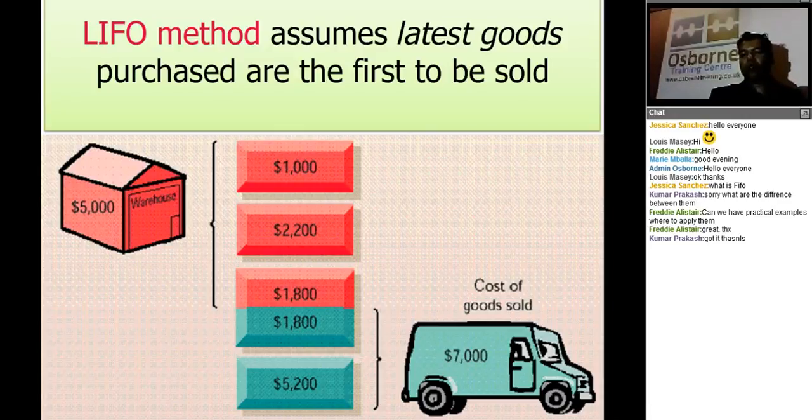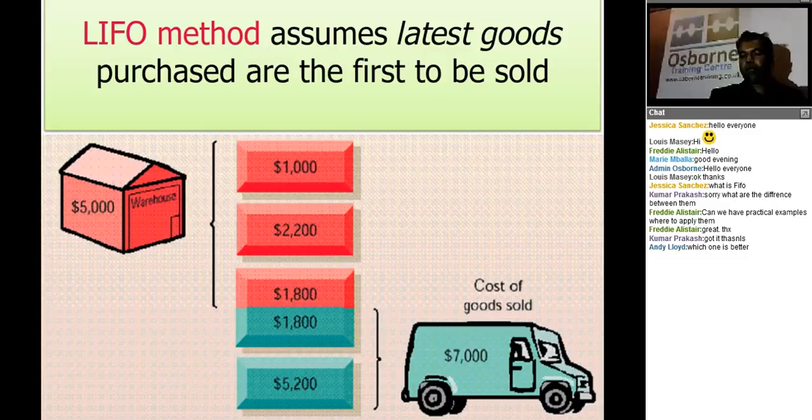Okay, so here the picture makes it very simple. The first two are $1,000 and $2,200. These came in first, and then we got another batch of stock worth $3,600. And after that, the last stock was $5,200.